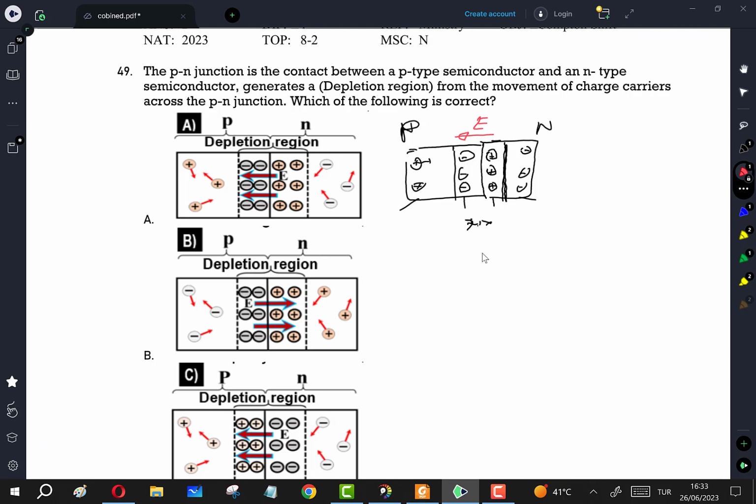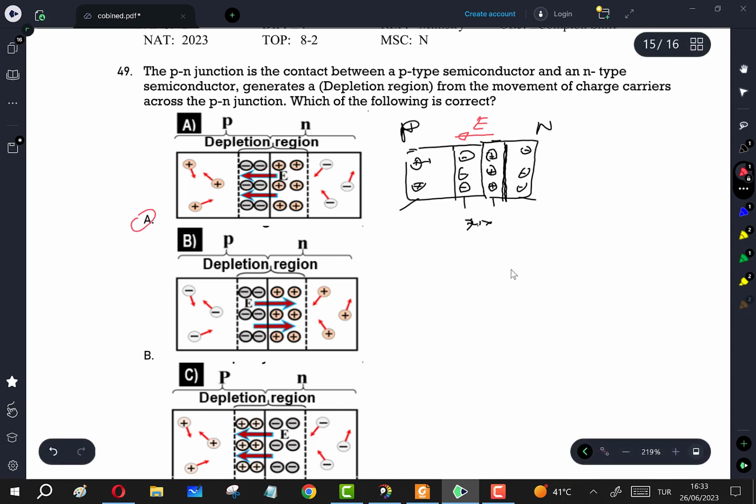So according to this, which choice is correct? When I check it, A is correct. A is the correct choice for this. In B, not everything is correct. These charges are put in the wrong place. Electric field direction is wrong.